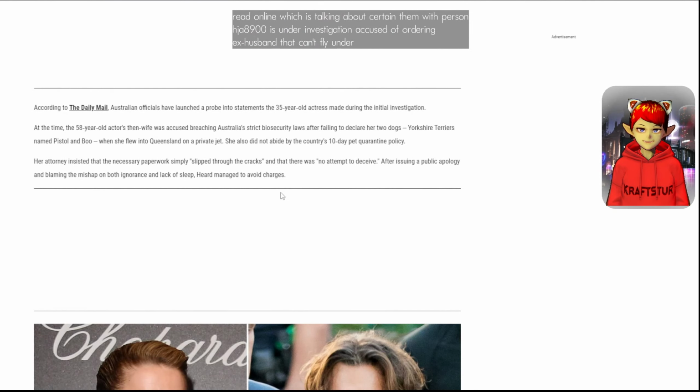According to the Daily Mail, Australian officials have launched a probe into statements the 35-year-old actress made during the initial investigation. At the time, the 50-year-old actor's then-wife was accused of breaching Australia's strict biosecurity laws after failing to declare her two dogs, Yorkshire Terriers. Her attorney insisted that the necessary paperwork simply slipped through the cracks.